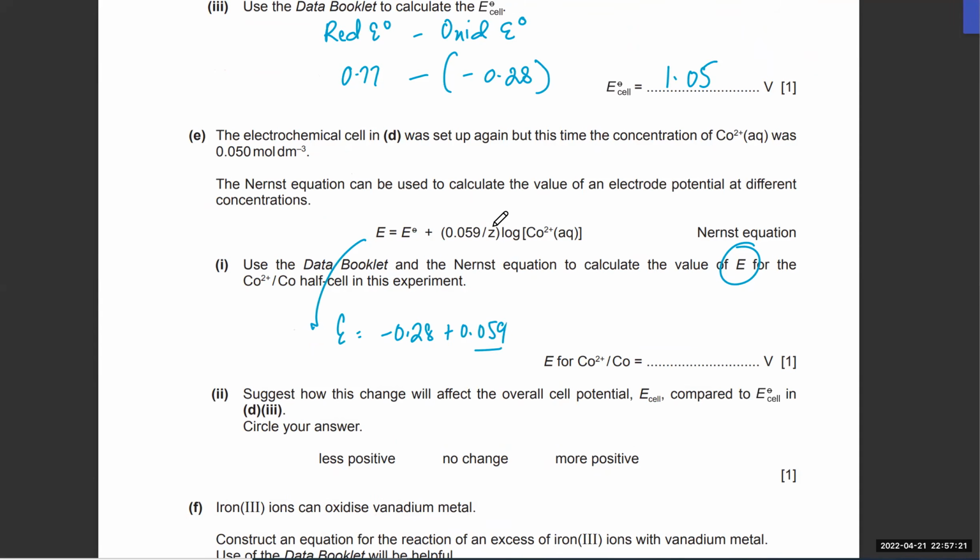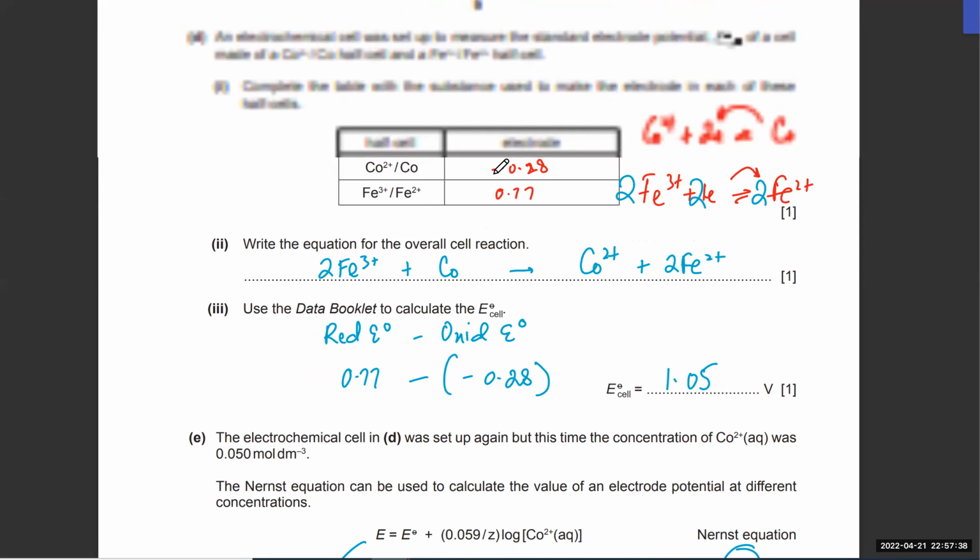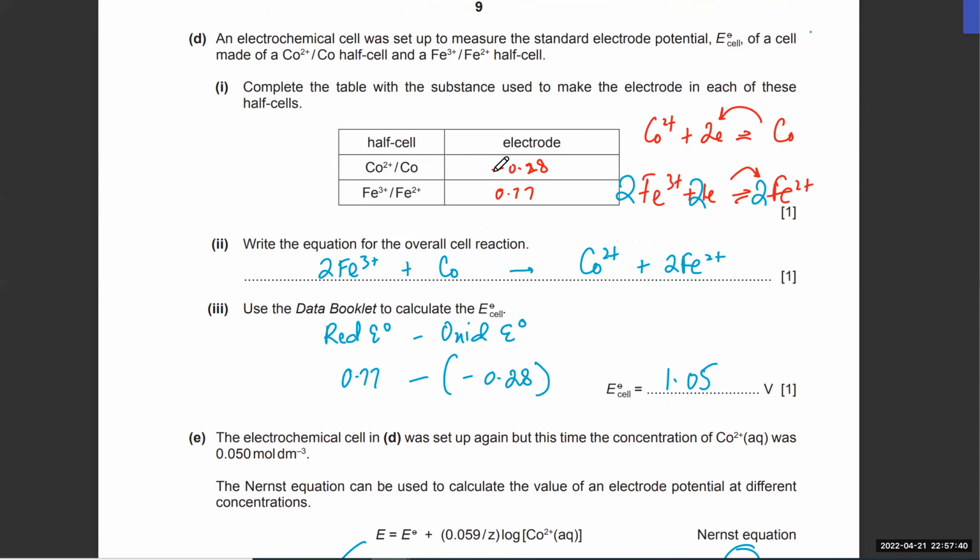Sir, wasn't E naught 1.05? No, Z is the number of electrons. Okay, 2 electrons. Remember, the Nernst equation is not for the full cell. E naught cell is for the full cell, but the Nernst equation is for the electrode only. You can't apply the Nernst equation to the whole thing directly. It gets applied indirectly.